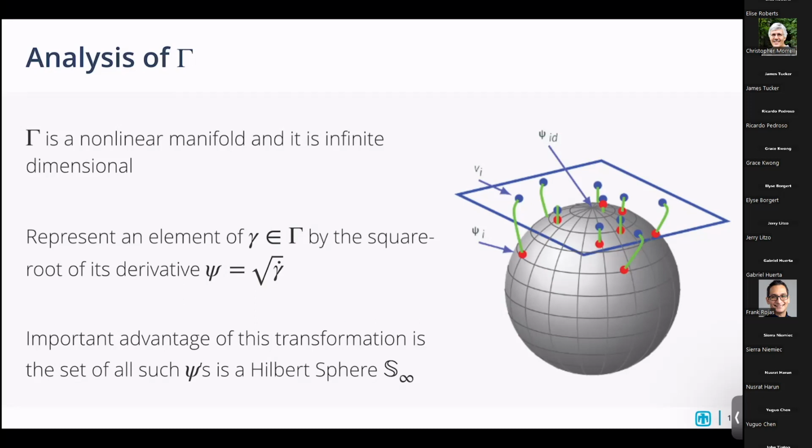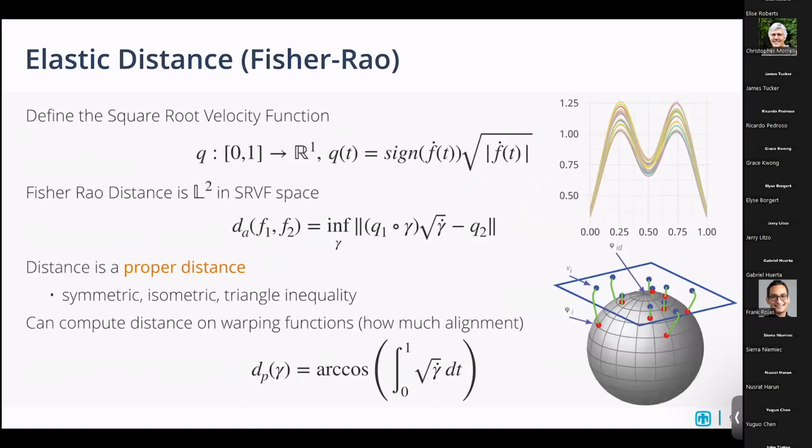The advantage is that the space of all the psi's is a Hilbert sphere. It's still infinite dimensional, so that's still a problem, but we know its geometry. The distance between two things on a sphere is the arc cosine, the distance of that great circle, hence the definition on the previous slide.